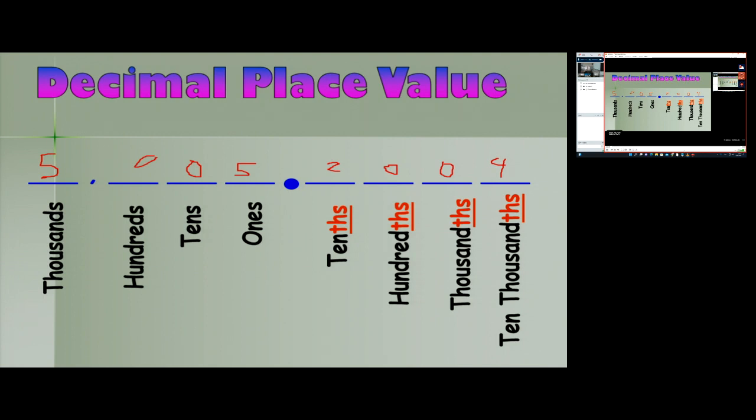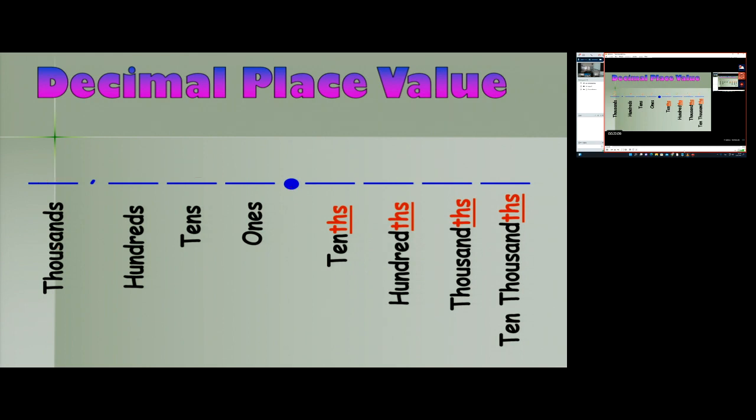That is 5,005 and 2,004 ten thousandths. Okay, so again, just read the given whole number. This is 5,005 and 2,004 ten thousandths, since the last digit is on the ten thousandths place value.